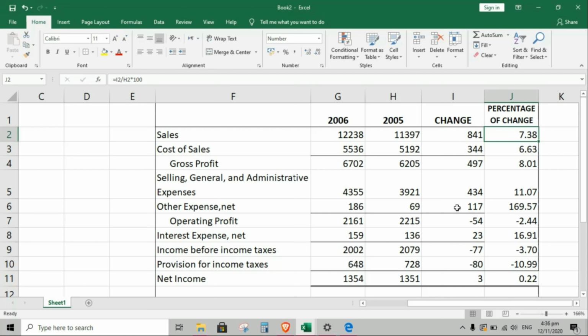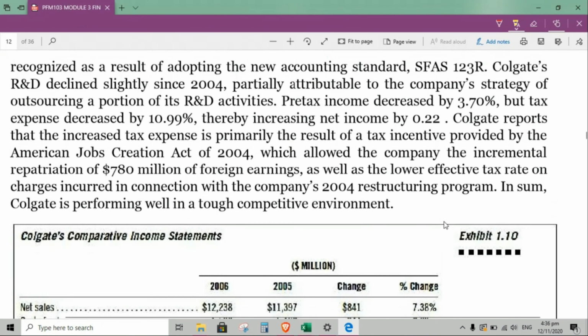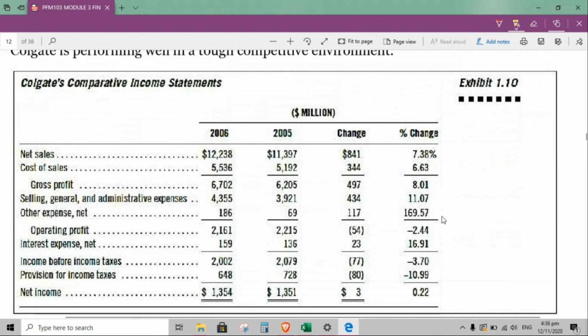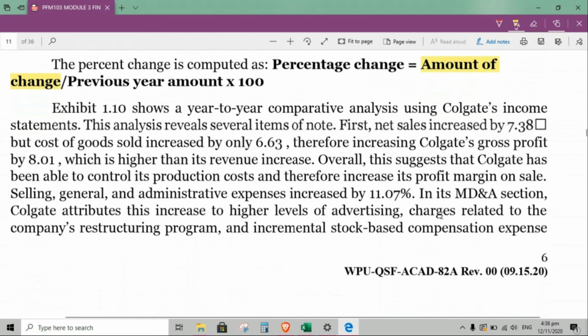So, ngayon, paano yung ating interpretation doon sa results? So, ito yung income statement ng Colgate way back 2005 and 2006. Okay, so, dito makikita mo, tumaas yung kanyang net sales ng 7.38%.